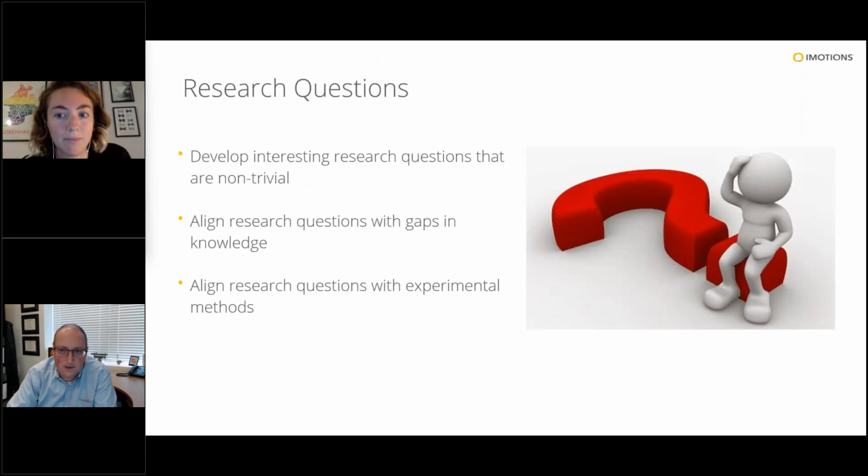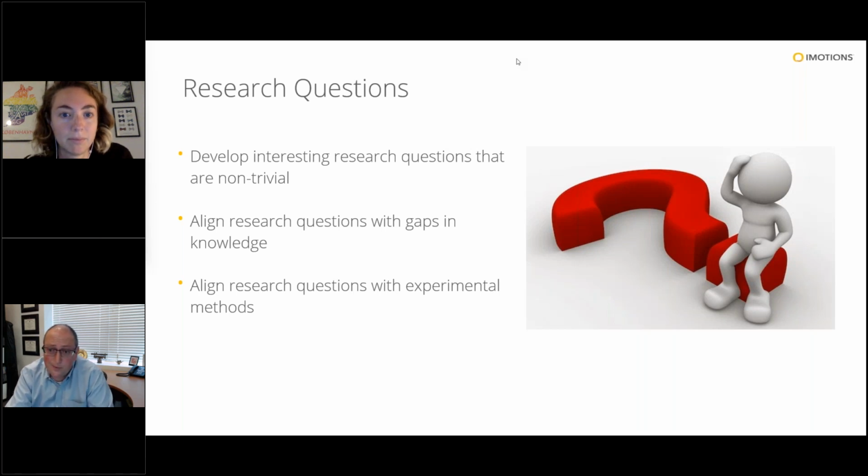I've mentioned this a couple of times, but the quality of a research question has a huge impact on the potential publishability of an individual research project or experiment. If we ask compelling, non-trivial questions, we've got a better shot at generating an amount of knowledge that's worth disseminating through a peer-reviewed journal article.